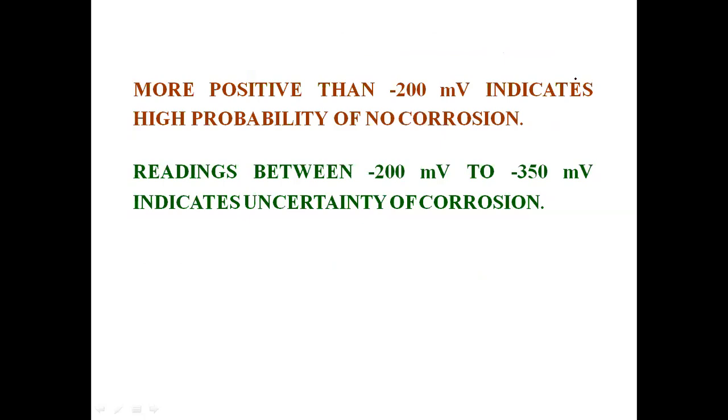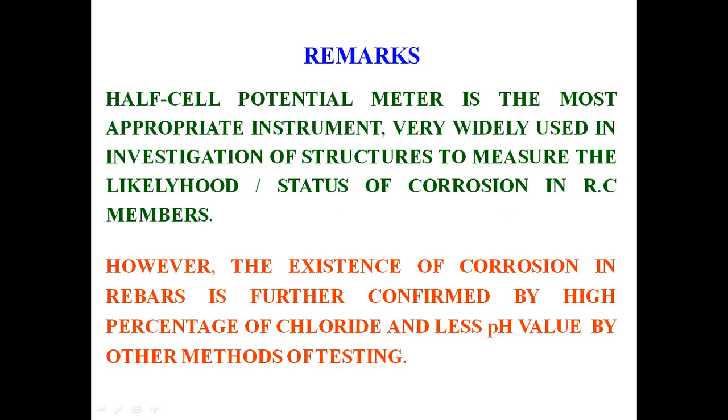Less than 350, greater than 350, or in between, right? If it is more than 350, that is how the maximum rate of corrosion can be observed. Finally, the remark from this presentation is that the half cell potential meter is the most appropriate instrument, very widely used in investigating structures to measure the likelihood or status of corrosion in reinforced concrete structures.